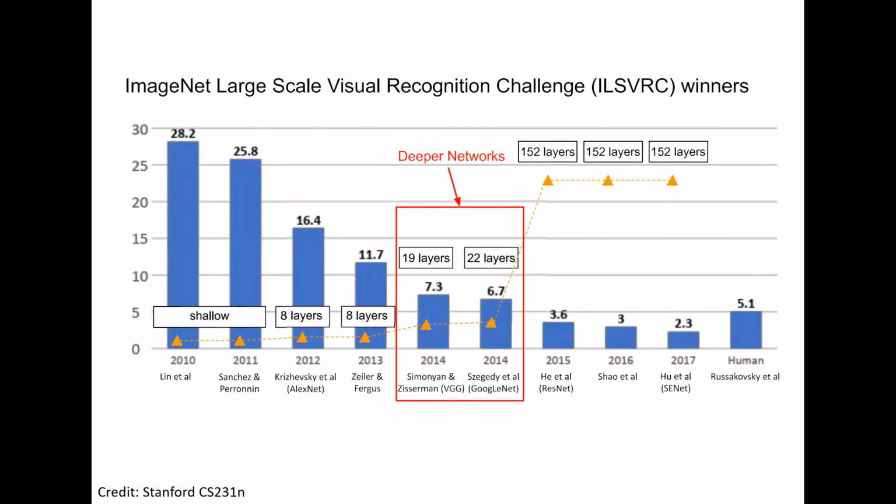Okay, and after 2013, deeper networks start to come out. The first 2 deep neural networks, CNNs, were not that deep. They contained only 8 layers. However, in 2014, the winner started to have 19 layers or 22 layers.